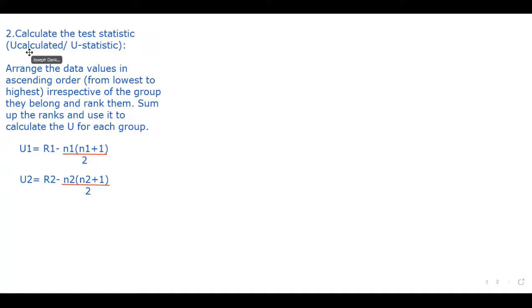But you only need one U, which you then compare with the U critical, and we decide with it. So we have the decision rule there. You are going to choose the lower U, the minimum U, as your U statistic or U calculated.